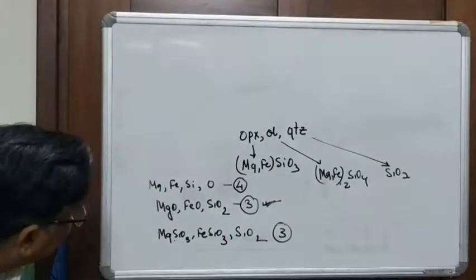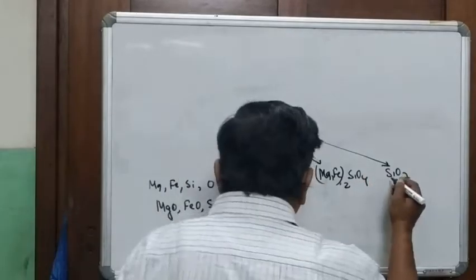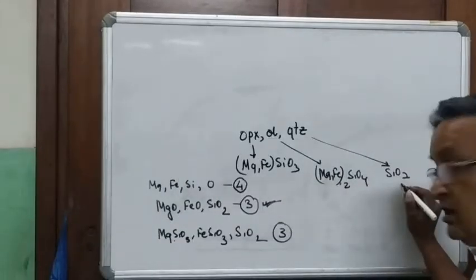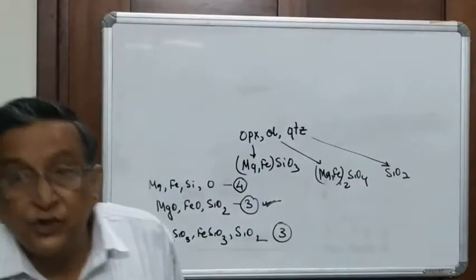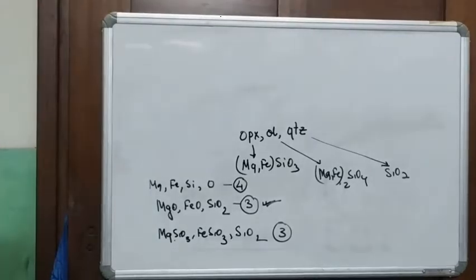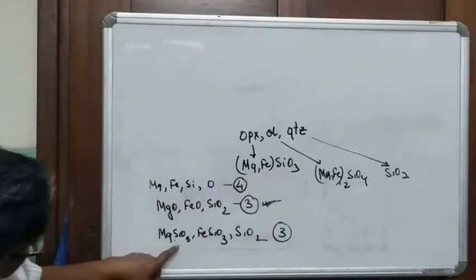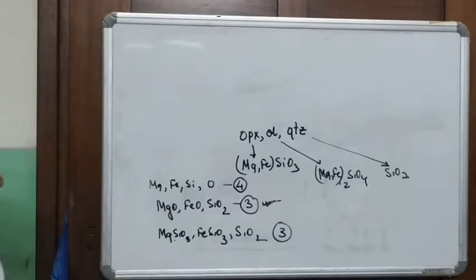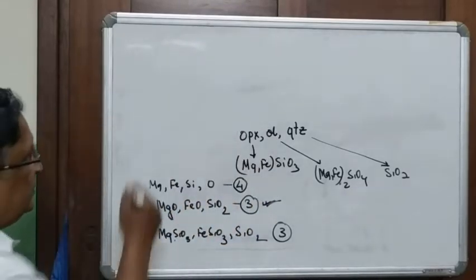But the question is, if I write it like this, SiO2, I can write it as 1 SiO2, MgO 0, FeO 0. So yes, I can write MgSiO3, FeSiO3. But what about this one?